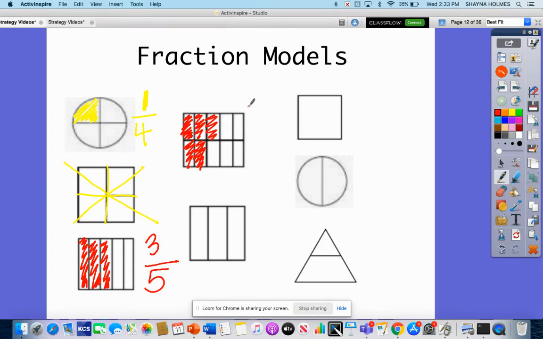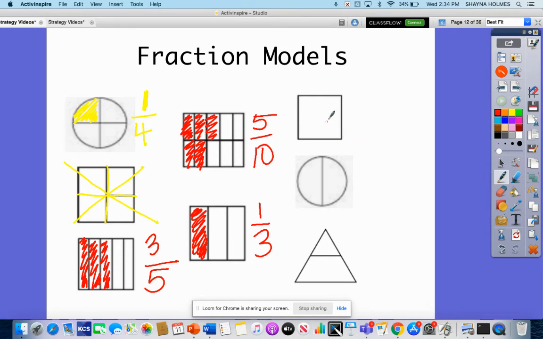Tell me what fraction you think this would represent. Well, we have 5 pieces shaded out of 5, 6, 7, 8, 9, 10. So 5 out of 10 of the pieces are shaded. Let's look down here. I shade in this one piece. We would have 1/3. 1/3 is a unit fraction.